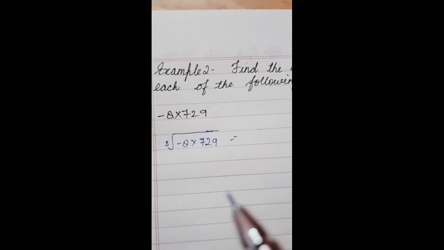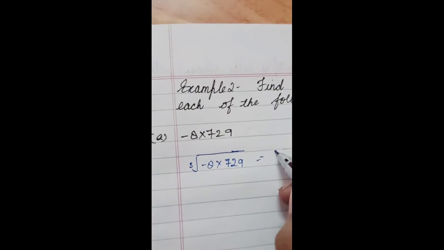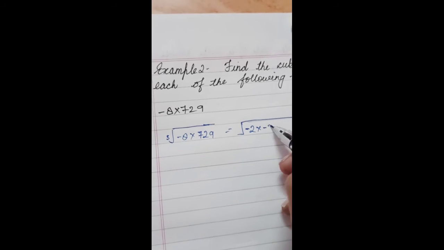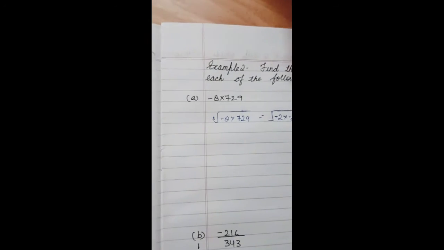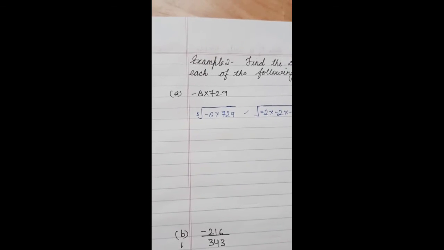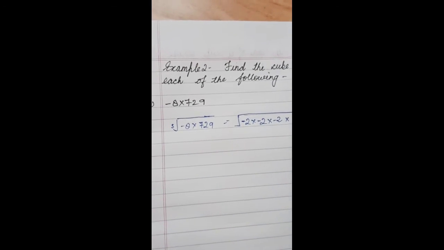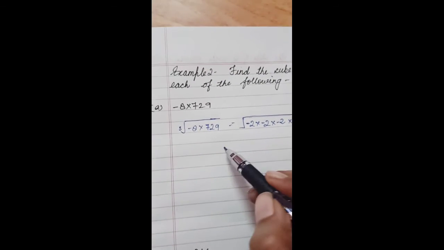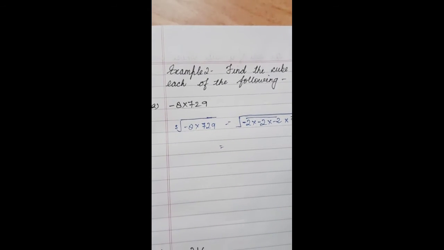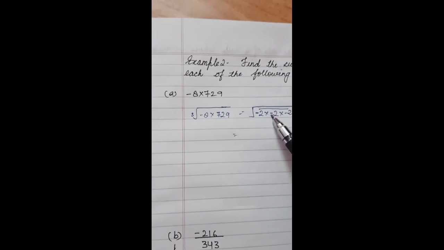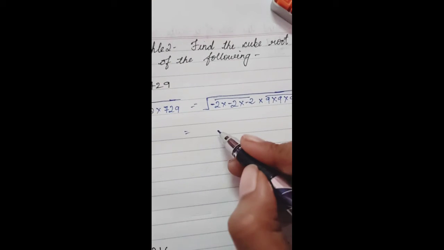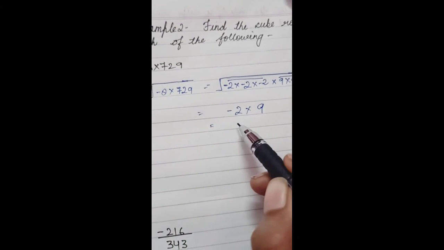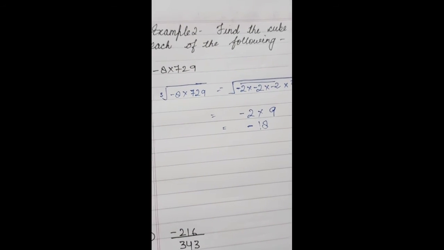The prime factors of minus 8 are minus 2 into minus 2 into minus 2, and the prime factors of 729 are 9 into 9 into 9. Now we pick one factor from each group. So from here we'll pick minus 2, and from here we'll pick 9, and then we multiply. So here we get the answer minus 18.